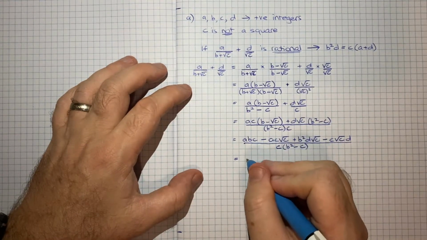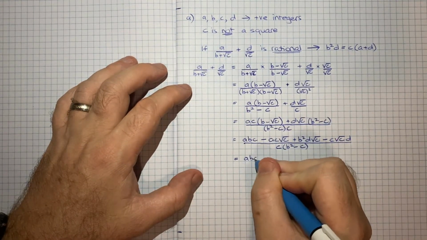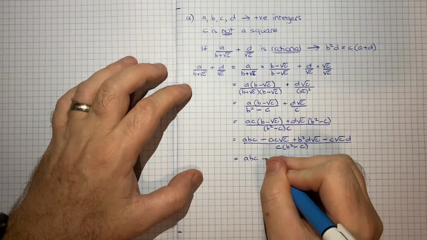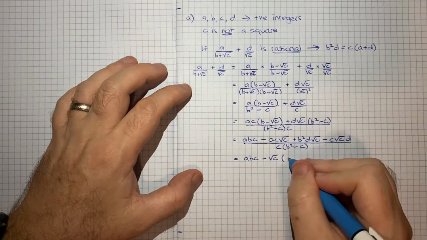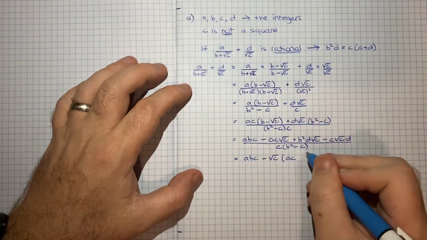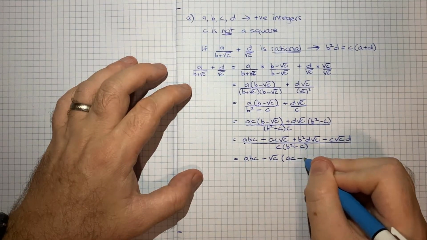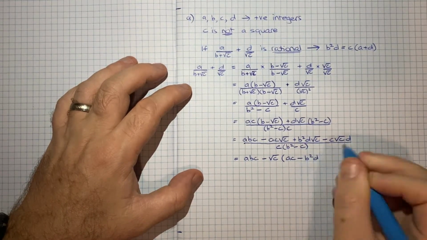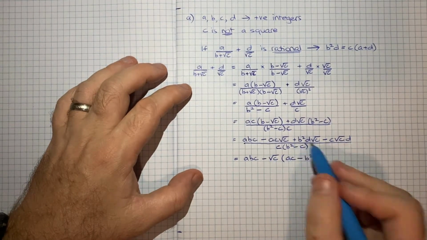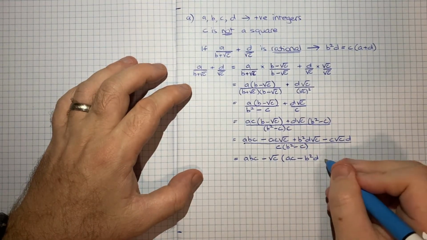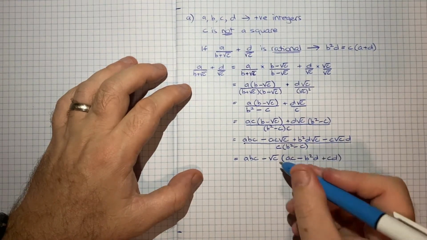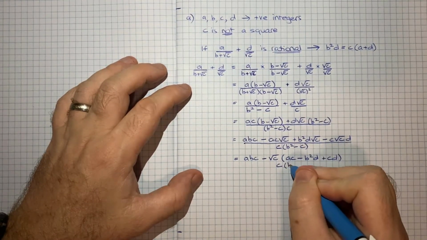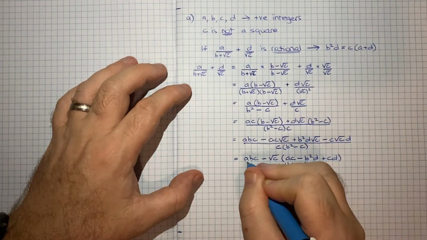So we'll get abc minus root c bracket ac minus b squared d, so that we get a double negative to get our plus, and then plus cd, and that's all still over c bracket b squared minus c.